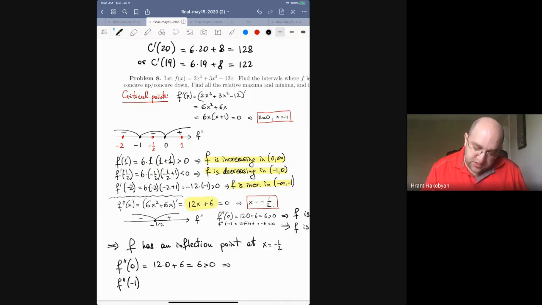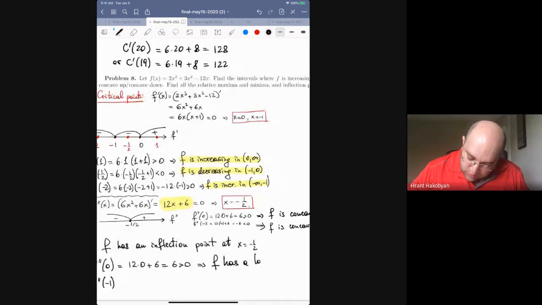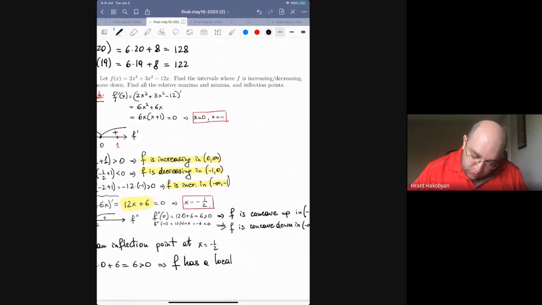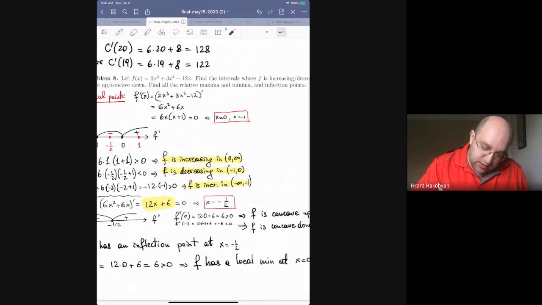Therefore, the second derivative is positive. So we have that the function has a local maximum, sorry, not maximum but minimum, right? At x equals 0. And similarly, at negative 1 the second derivative is negative.